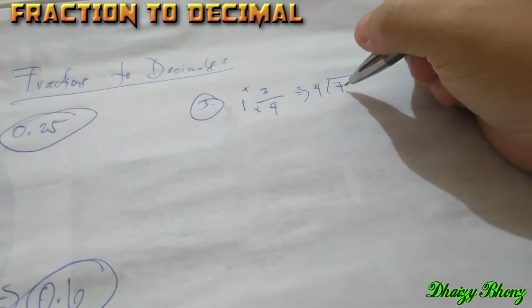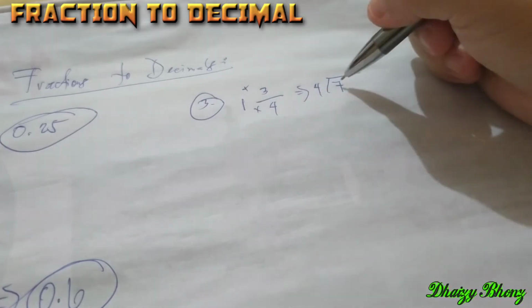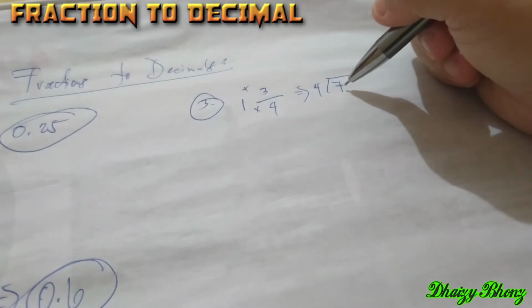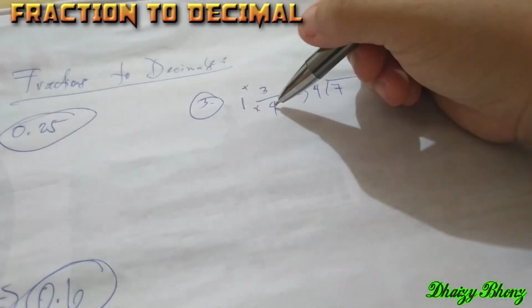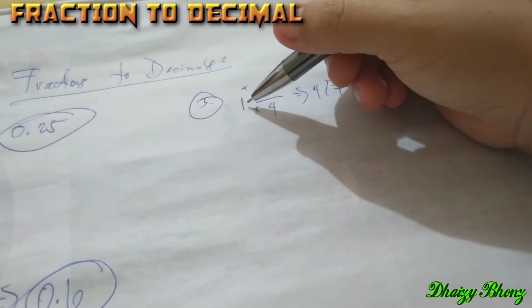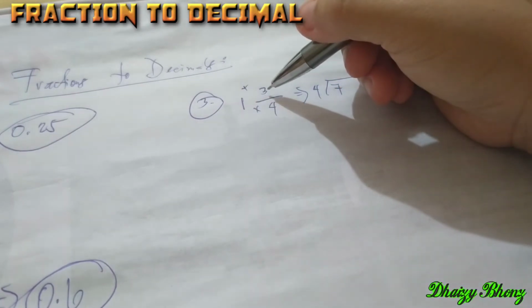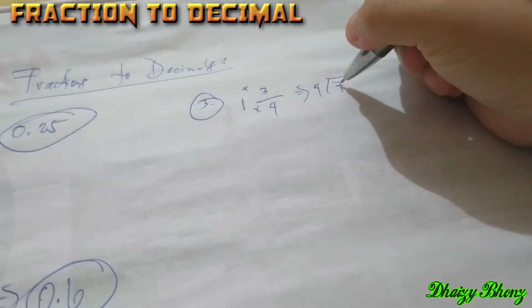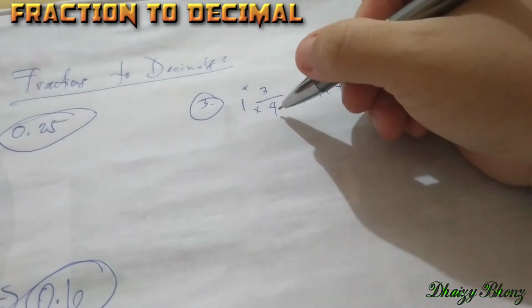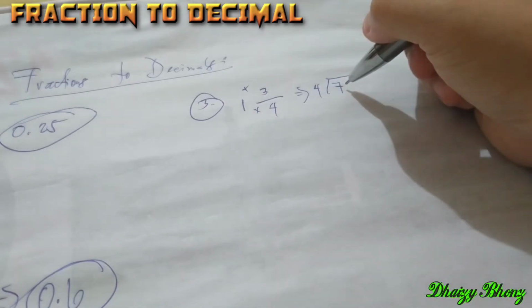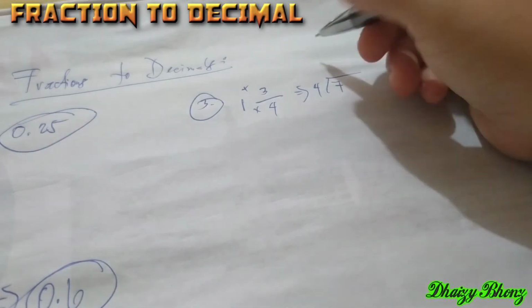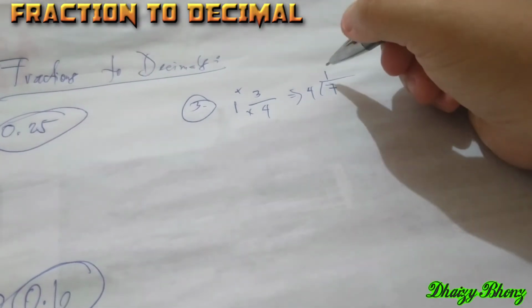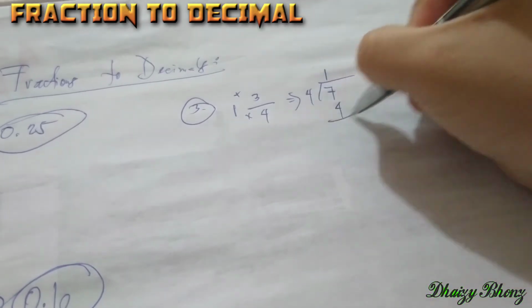So, again, how did we get this 7 here? 4 times 1 is 4 plus 3 is 7. So, 7 divided by 4. So, 7 divided by 4 is of course 1. And 1 times 4 is 4.